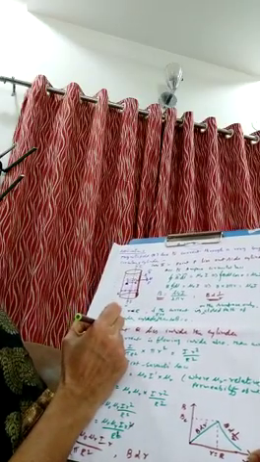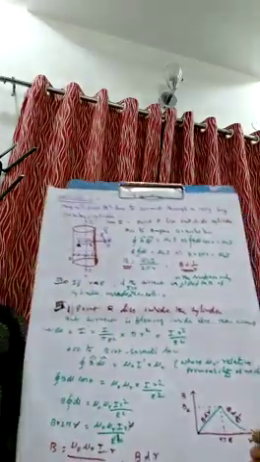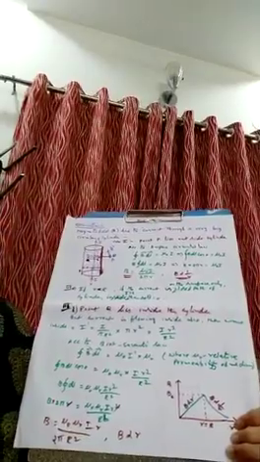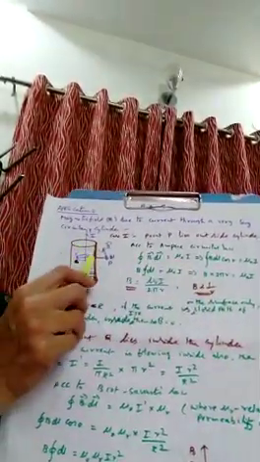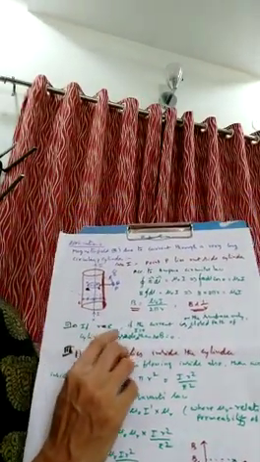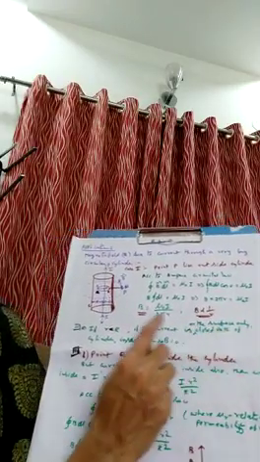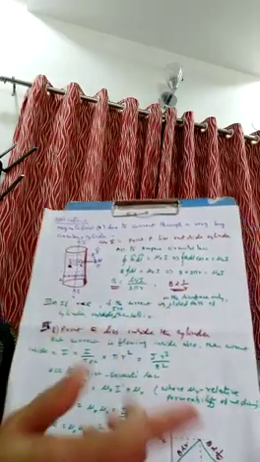In the third case, there are two cases, A and B. What is case A? If r is less than R, that is, the small radius r here, then what happens? If the current is on the surface only, and inside the closed path of the cylinder the current is 0, then B is 0.